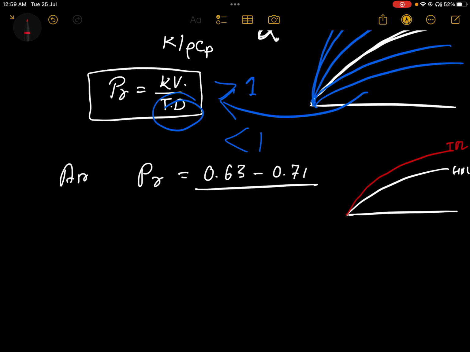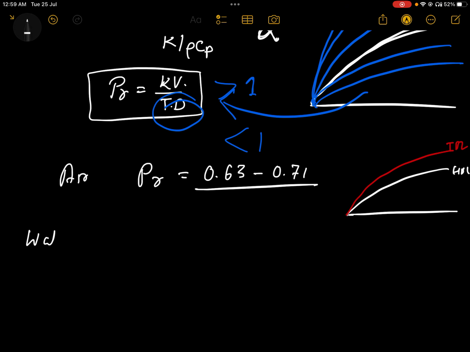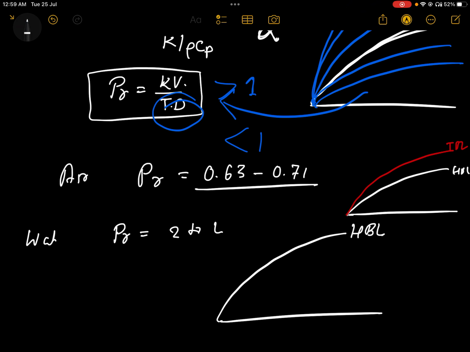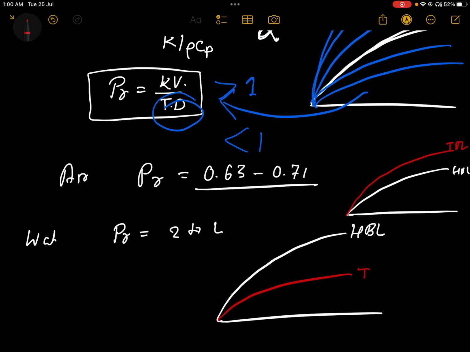If I talk about water, the Prandtl number is around 2 to 6. So for water, the kinematic viscosity is more, the hydrodynamic boundary layer will be more, and the thermal boundary layer will be less. Simple.